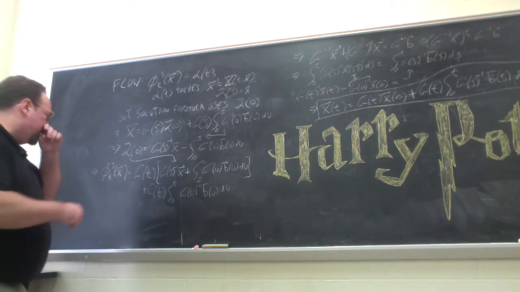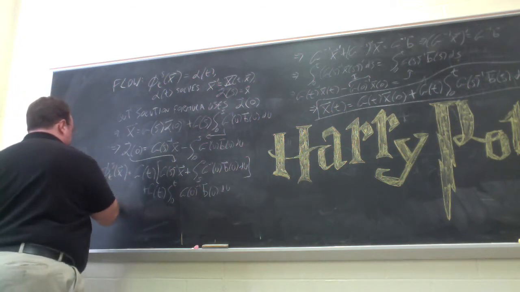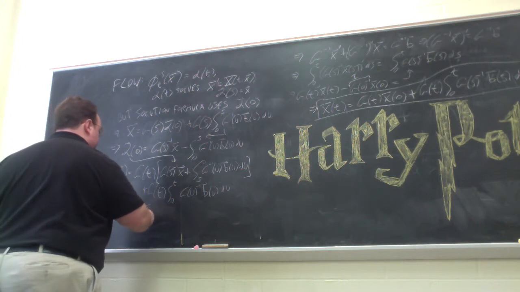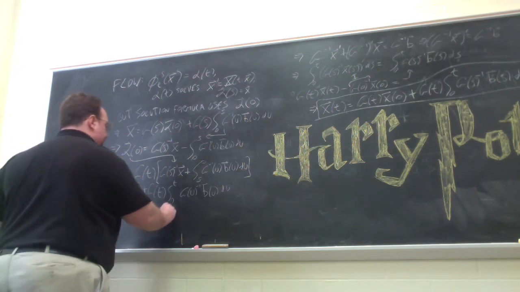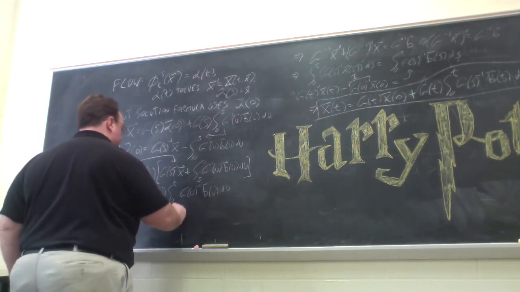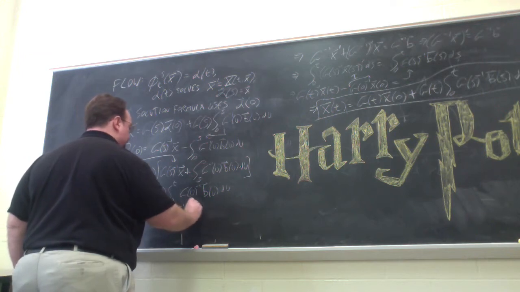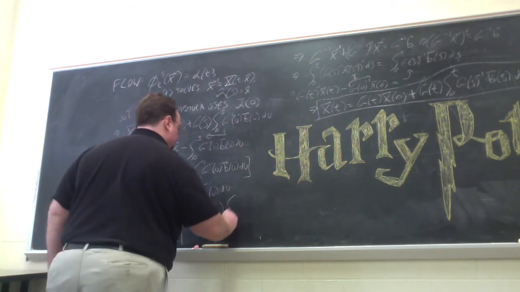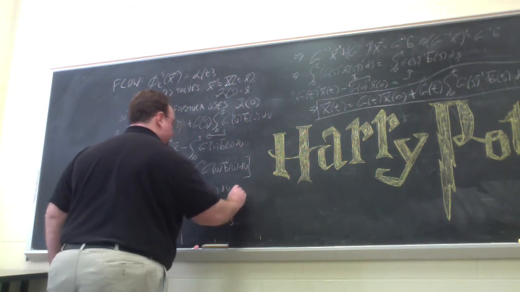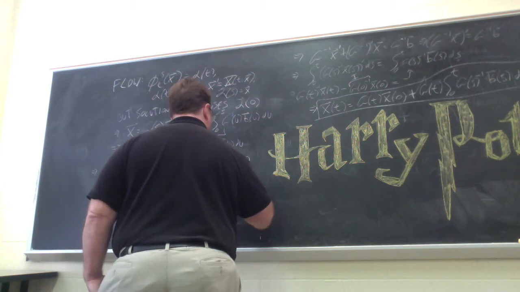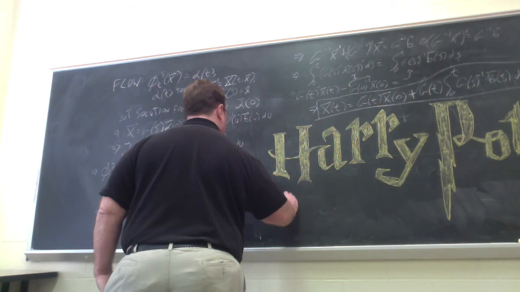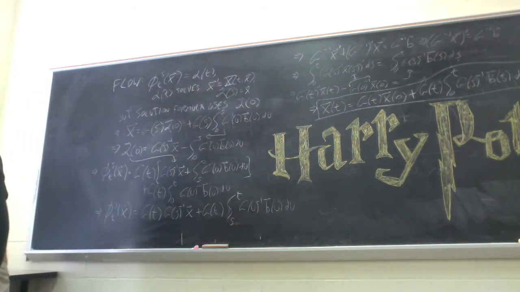S to t. Just using basic properties of definite integrals. So the flow is g of t, g of s inverse x plus g of t integral from s to t of g of u inverse b of u du. Okay, so that's the formula for a flow.